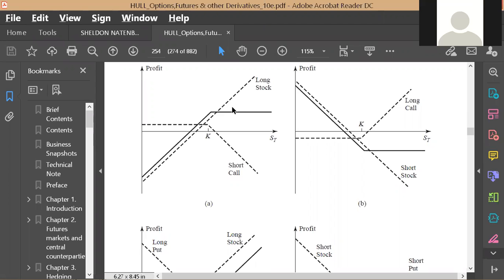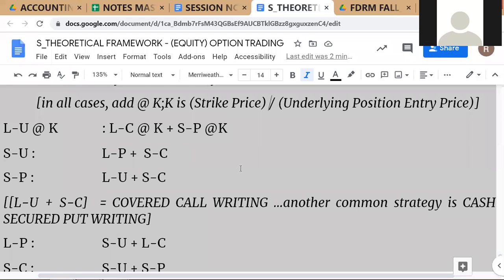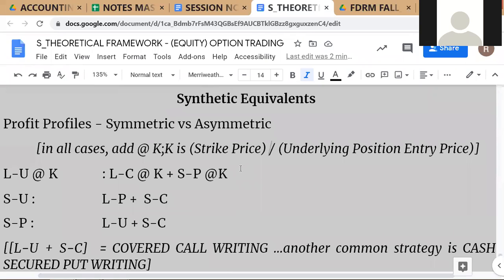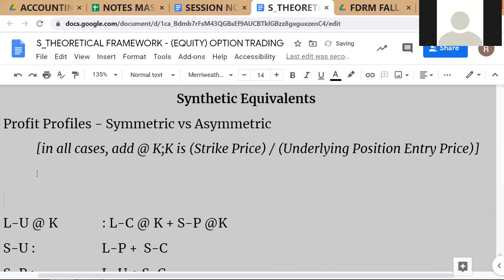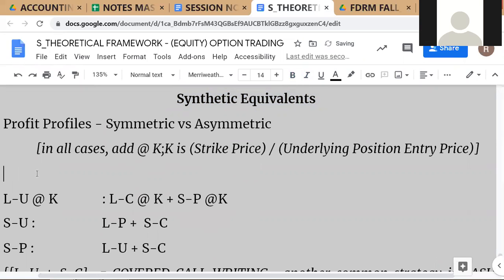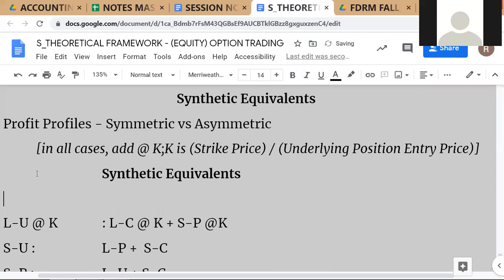And remember one more thing, this is a synthetic equivalent. Remember, the other definition of synthetic equivalent is that it needs to be in some other market instrument combination.